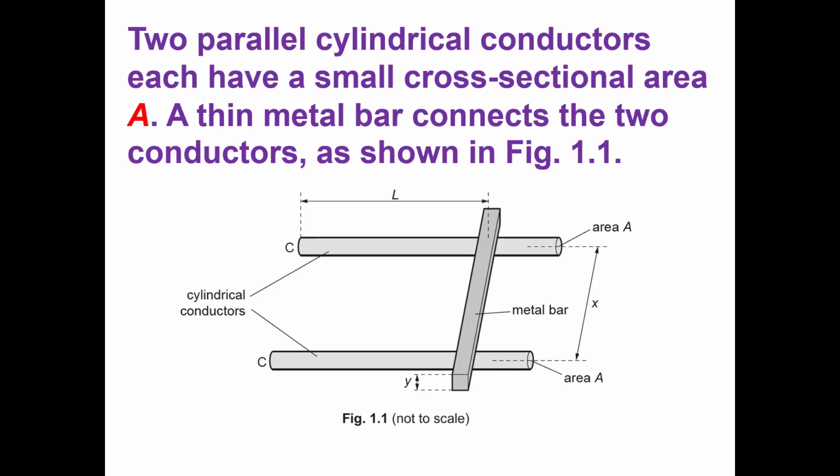Two parallel cylindrical conductors each have a small cross-sectional area. A thin metal bar connects the two conductors as shown.